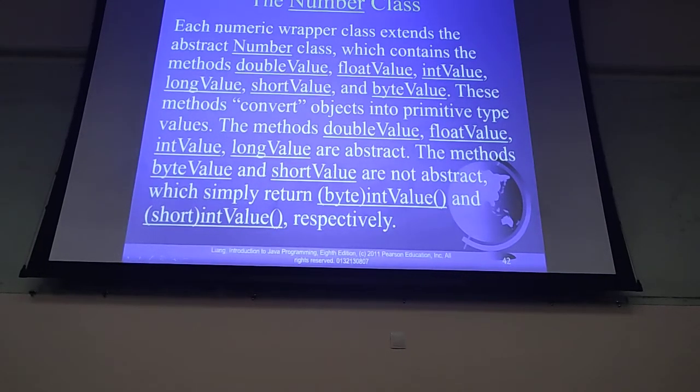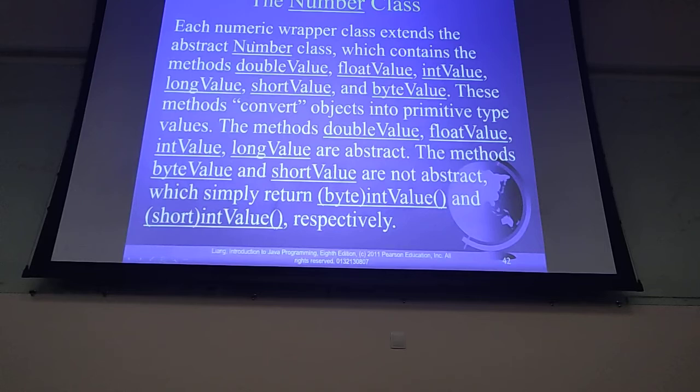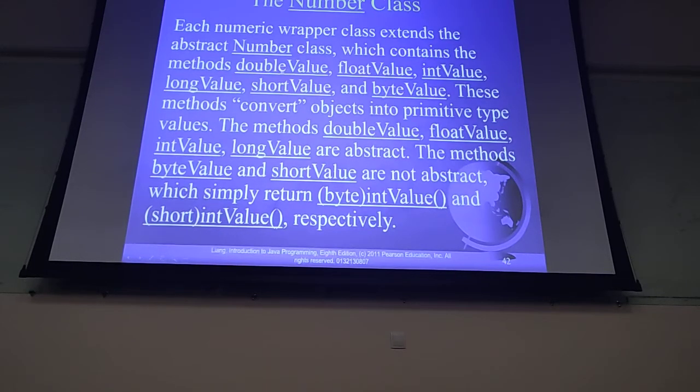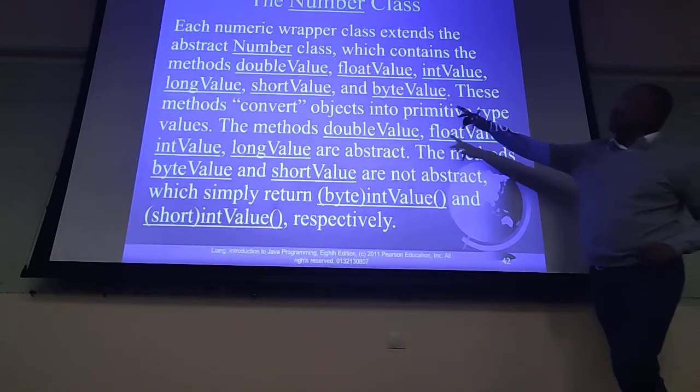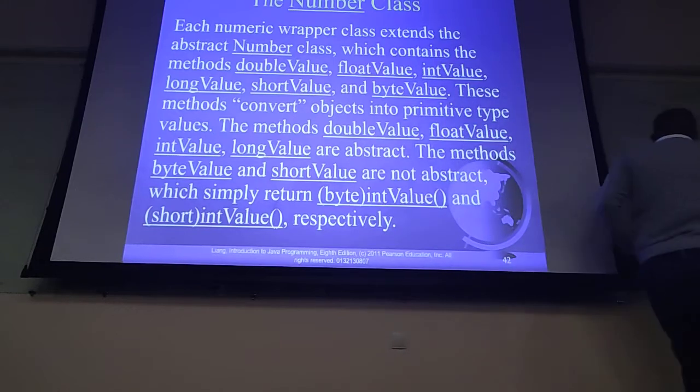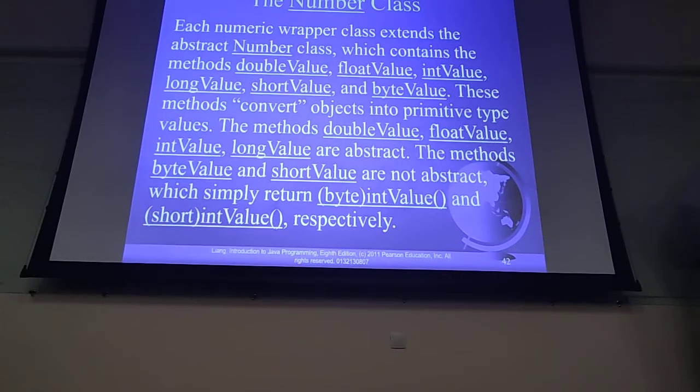So number class. Each numeric wrapper class extends the abstract Number class which contains the methods doubleValue, floatValue, intValue, longValue, shortValue, byteValue. These methods convert the object into the primitive data type. What do you mean by this? See, this is the integer, is it correct? If I use i dot, what is the method? intValue.